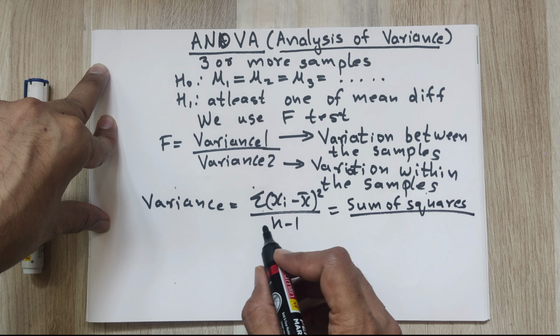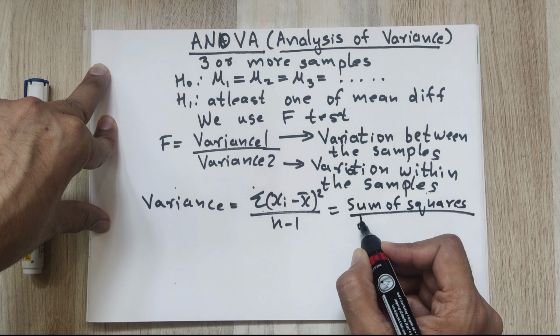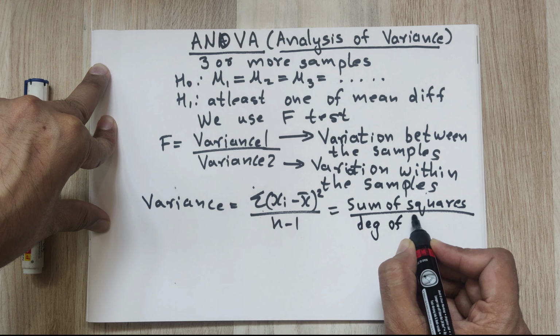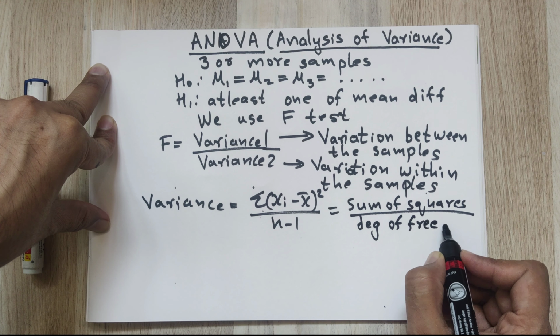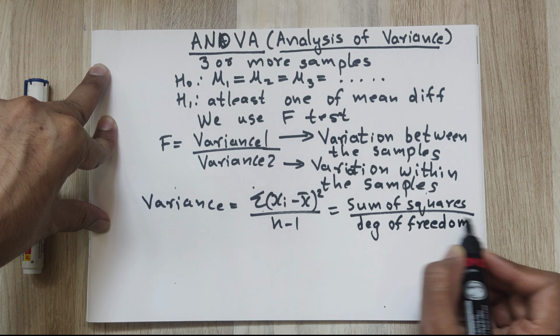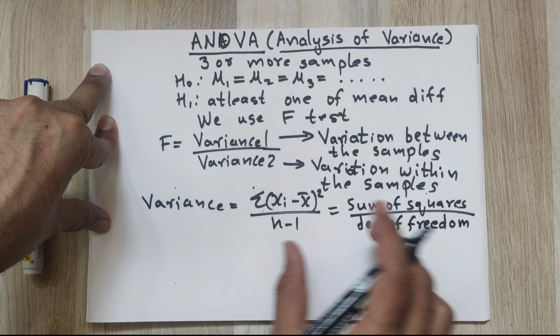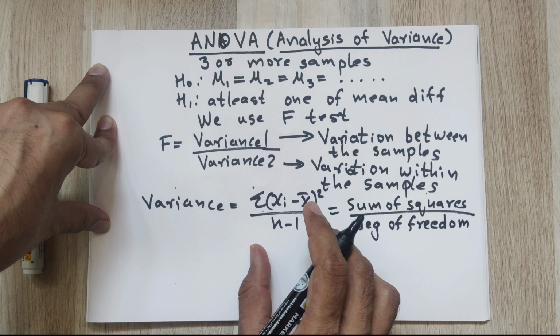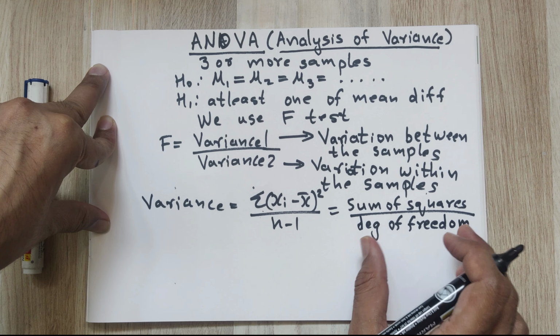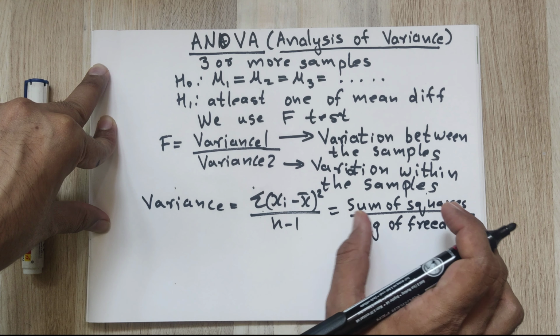In testing of hypothesis, this n minus 1 represents the degrees of freedom. So we calculate our variance as sum of squares upon degrees of freedom. Since we are not using the exact formula of variance, we call this the mean sum of squares, because we are finding the mean of the sum of squares.